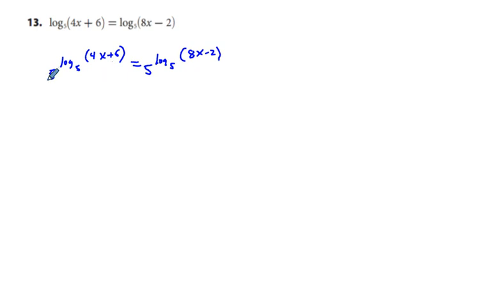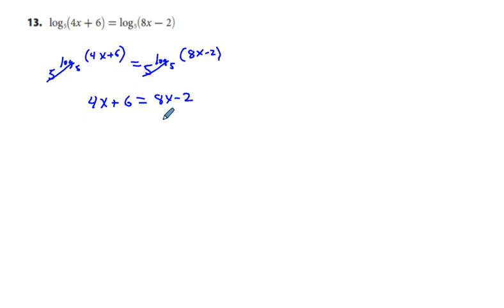And so 5 to the power of log base 5 cancel each other on each side. You should be able to see that, because everything else is the same with the log base 5, we would know that 4x plus 6 is equal to 8x minus 2.